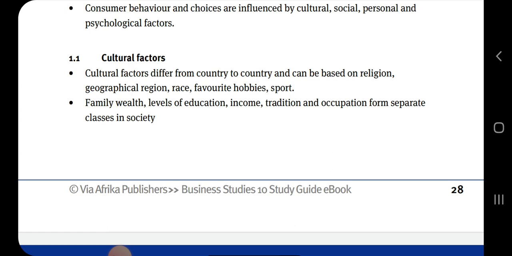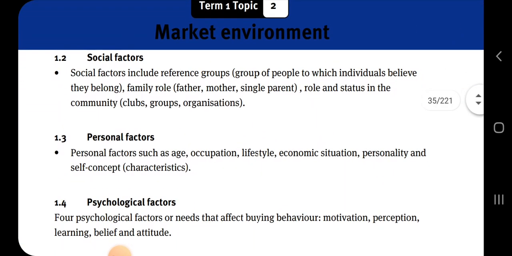So cultural factors differ from country to country and can be based on religion, geographical area, race, and favorite hobbies. Just like in Durban, we have so many Indians. Indians are known for spices, so you will find a lot of spice stores in Durban as opposed to other areas of the country. So those are cultural factors.